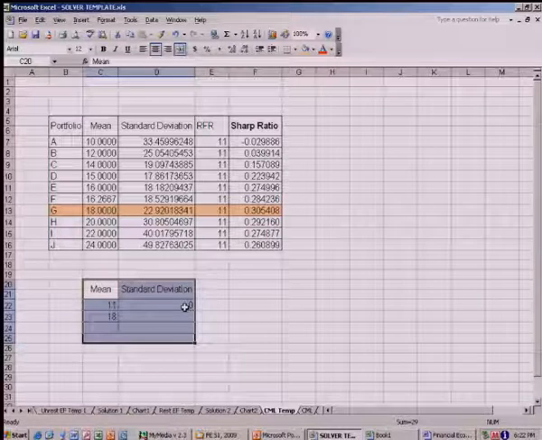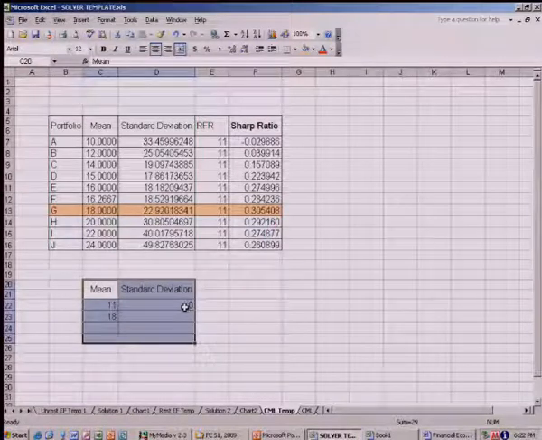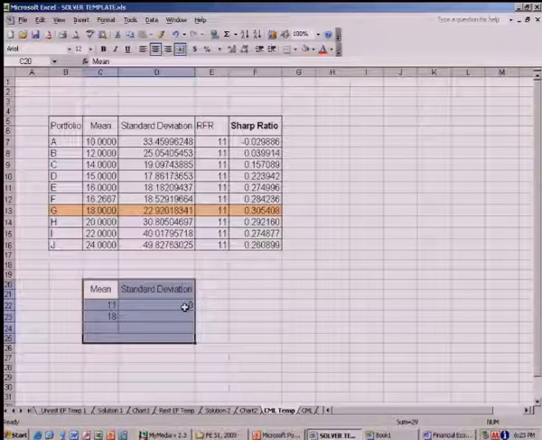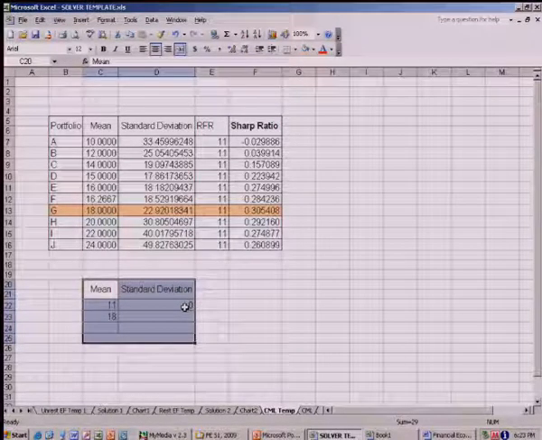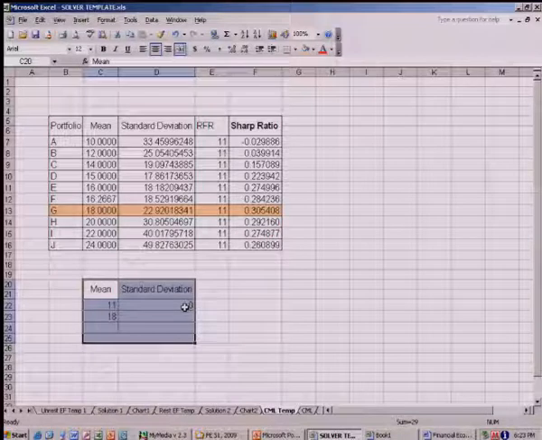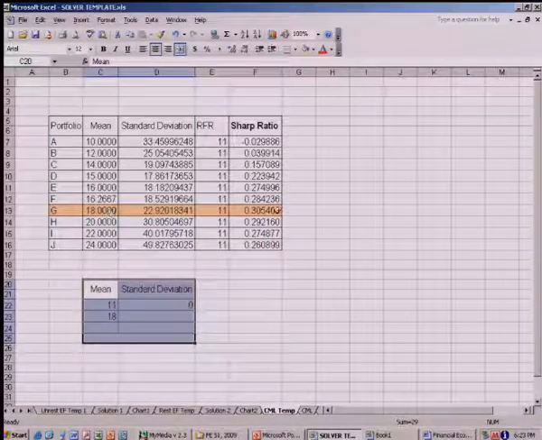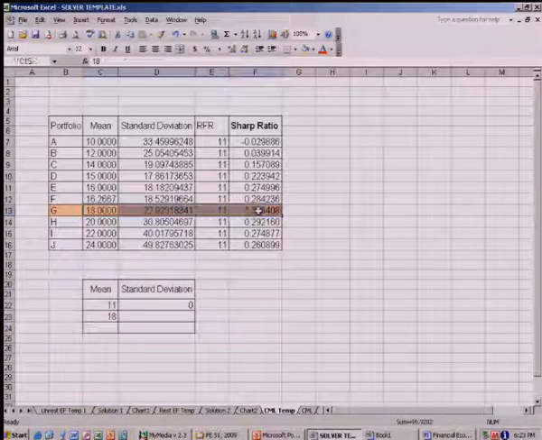So it's a capital allocation line, and what it does is you already know that it starts from the risk-free rate of return, which is on your y-axis. Then it basically is a tangent to the efficient frontier at some point, and that point of the tangency is the one that I just basically calculated here.